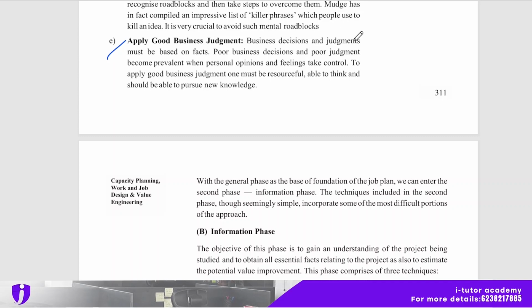Business decision and judgment must be based on facts, and poor business decision and poor judgment become prevalent when personal opinion and feeling take control. To apply good business judgment, one must be resourceful, able to think, and should be able to pursue new knowledge.